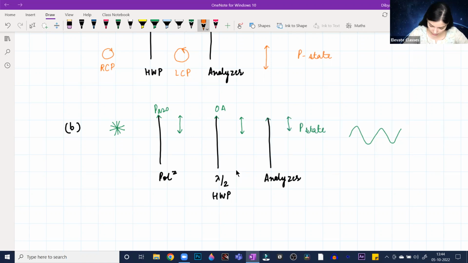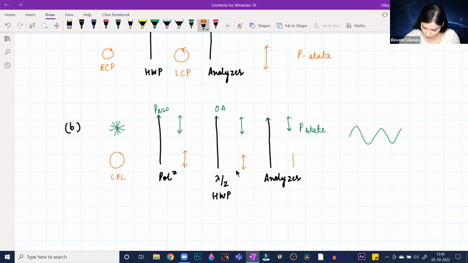So if now I consider circularly polarized light, and it is passing through the same polarizer, what will the polarizer do? It will only let one component pass. So this is what I'll get. Now this is again going through the half wave plate, so again I'll get the same thing.